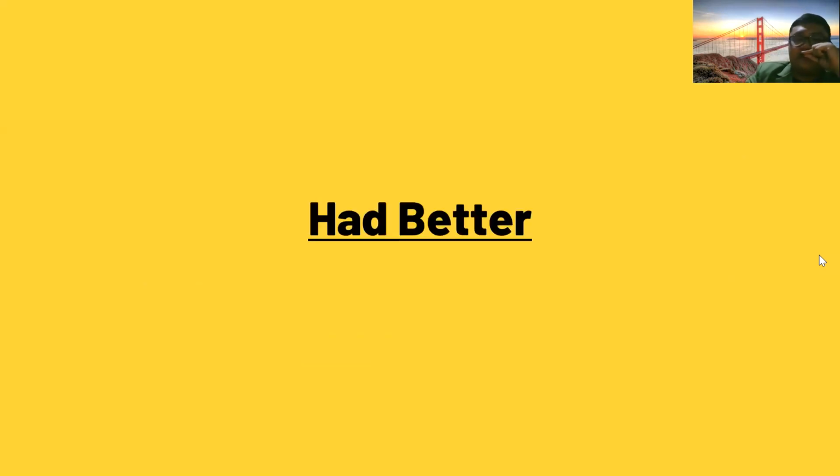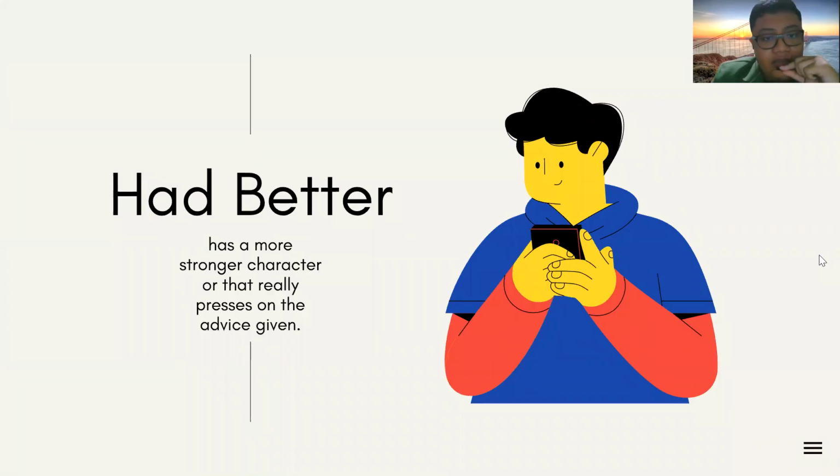And the third one, and the last one, is had better. The had better sentence has the strongest character among all, one that really presses on the advice given. So if people use a had better sentence, it means they want to press on the advice they give to you.